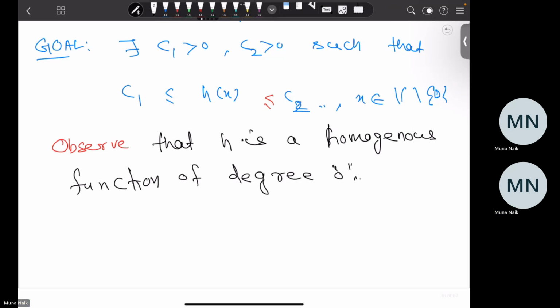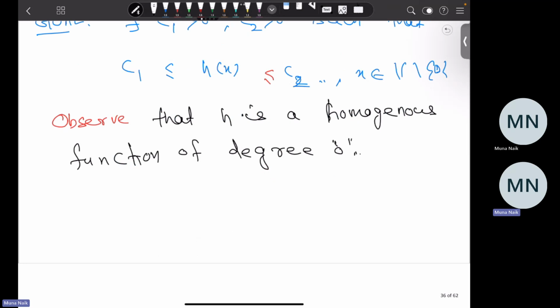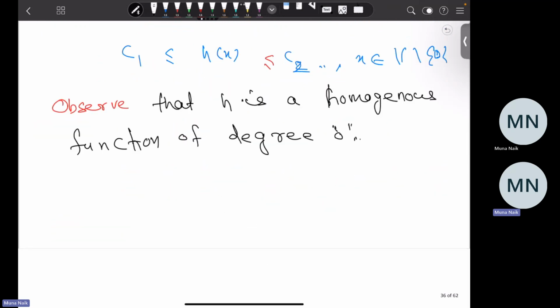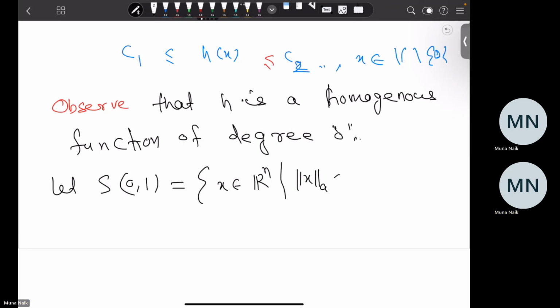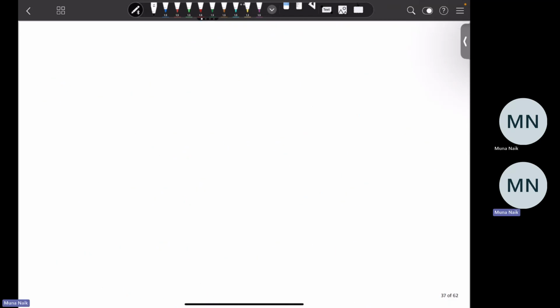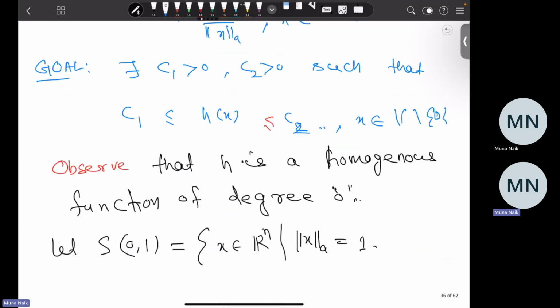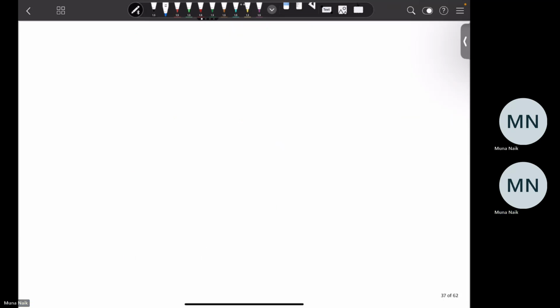But here there are actually two norms, so let us fix norm A. Let S01 be the unit sphere with respect to norm A, the set of x belonging to Rn so that norm of x is equal to 1. If I can show that, thus h is a function on S01.